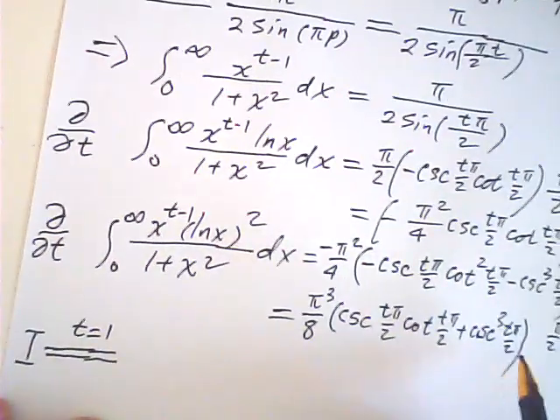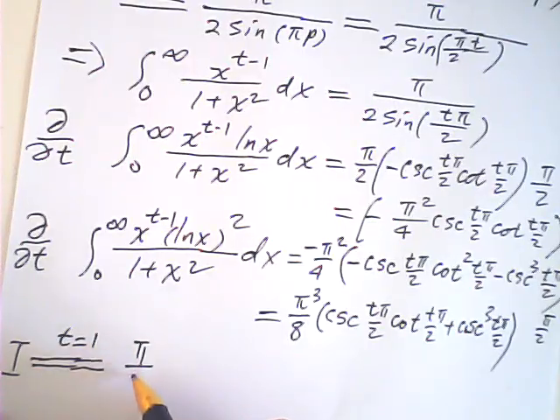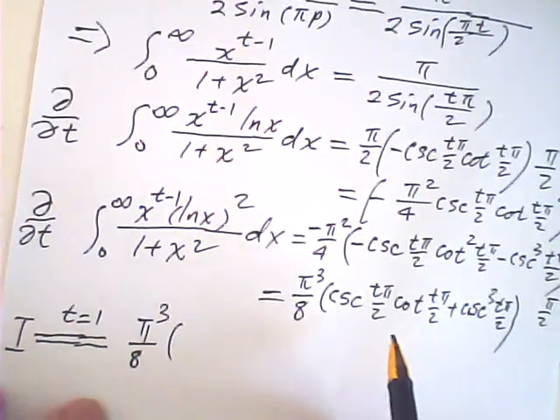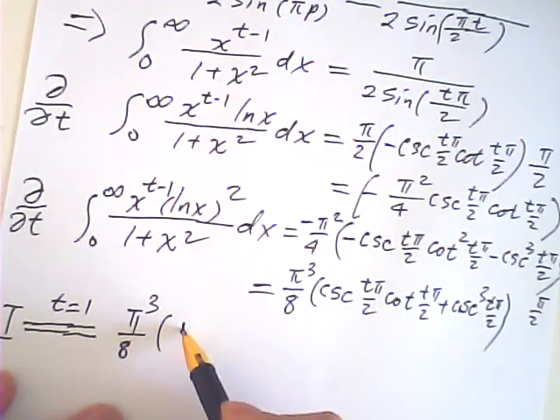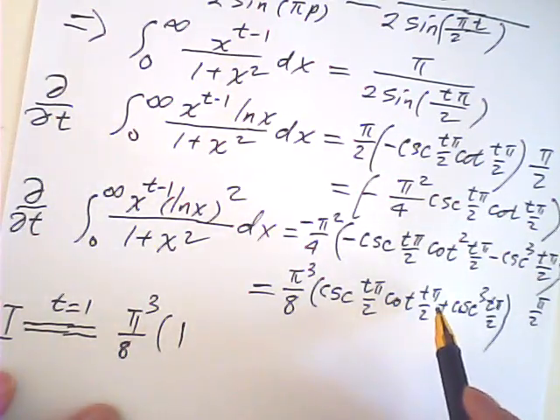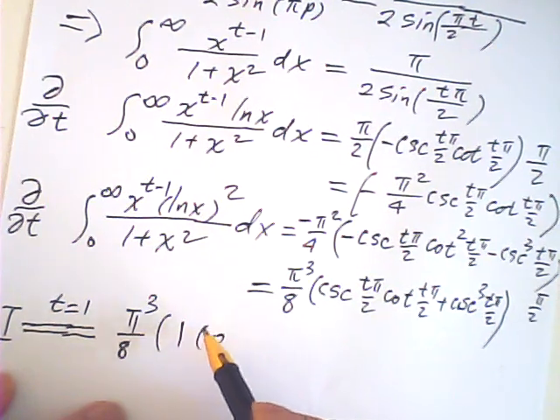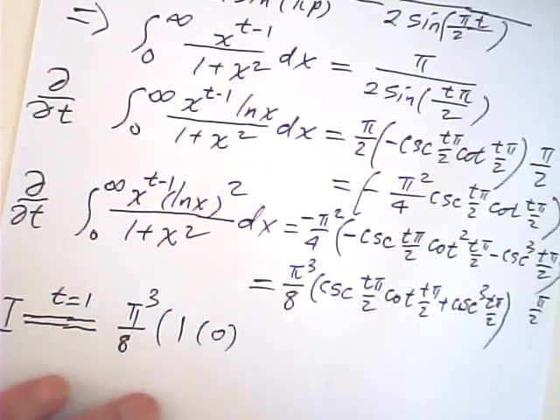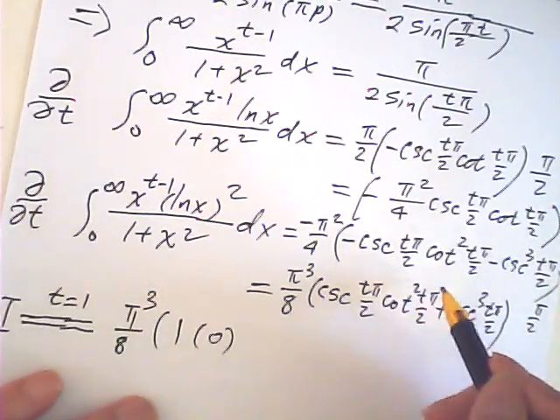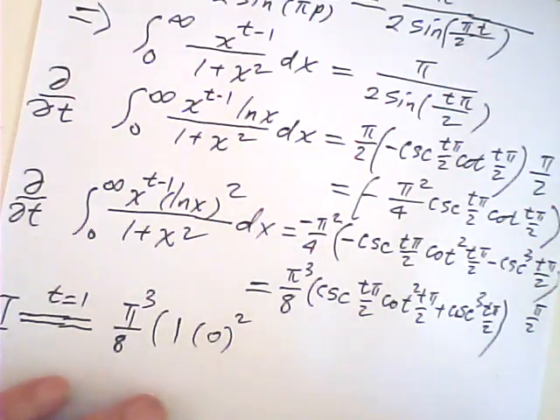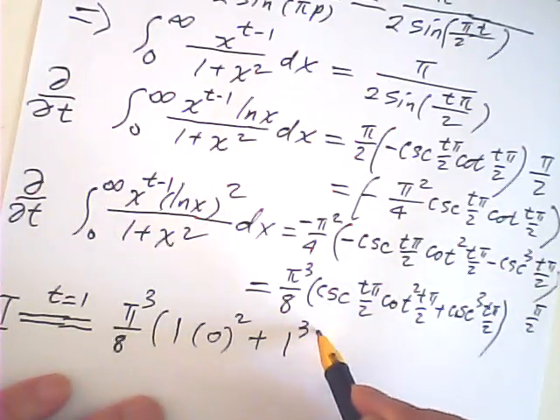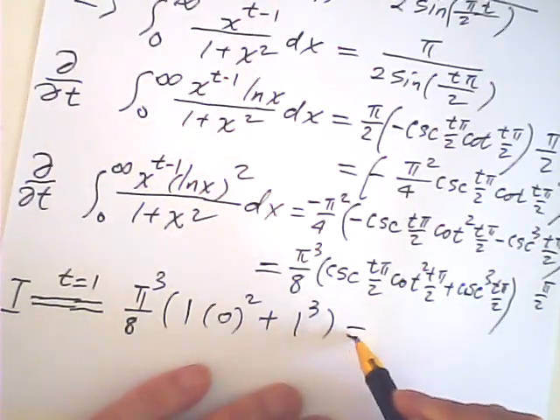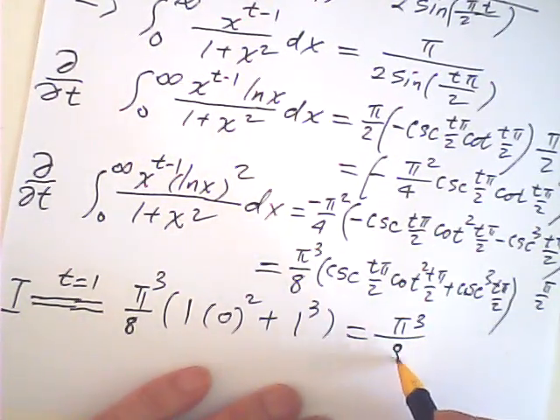So we just replace t with 1 here: pi cubed over 8, cosecant of half pi is 1, cotangent of half pi is 0, squared, and plus cosecant cubed, which is 1 cubed. So it ends up with pi cubed over 8.